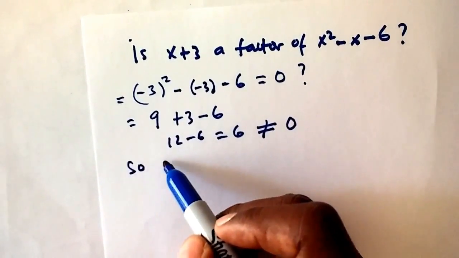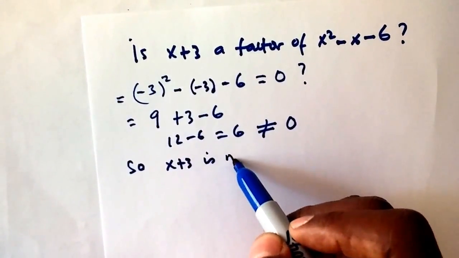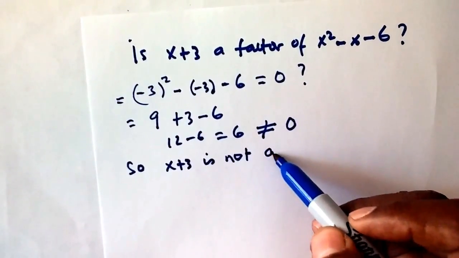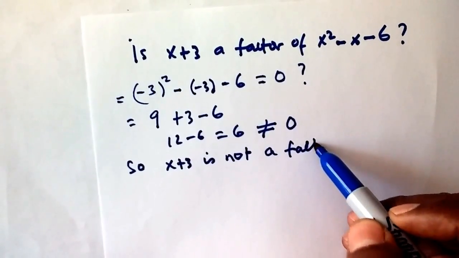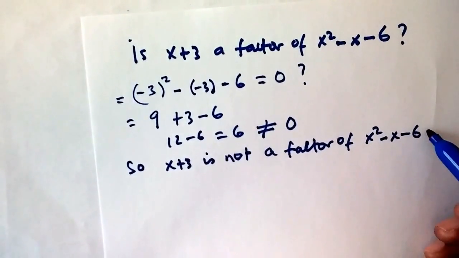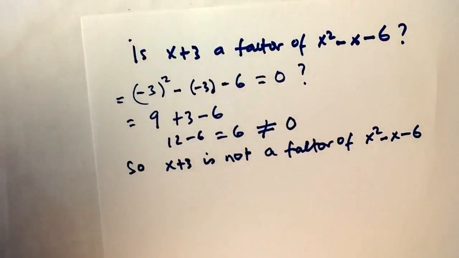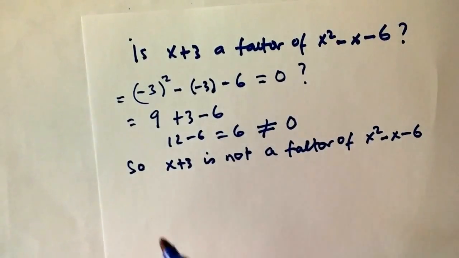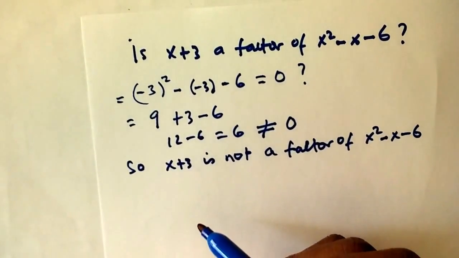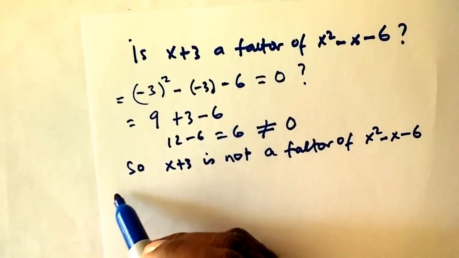So we can say that x plus 3 is not a factor of x squared minus x minus 6. We can just say that because we did not get 0 after we plug it in. Here is another one. What if I wanted to test?